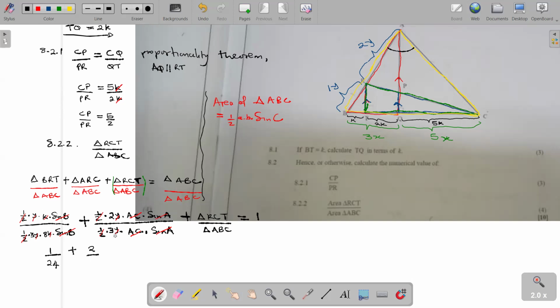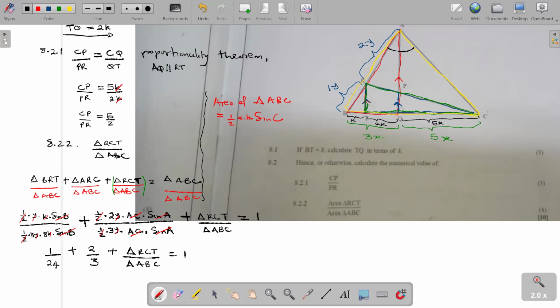Here it's 1 times 3 times 1 times 1. So it's giving us 2 over 3. Then it's going to say plus that triangle RCT divided by triangle ABC must be equal to 1.